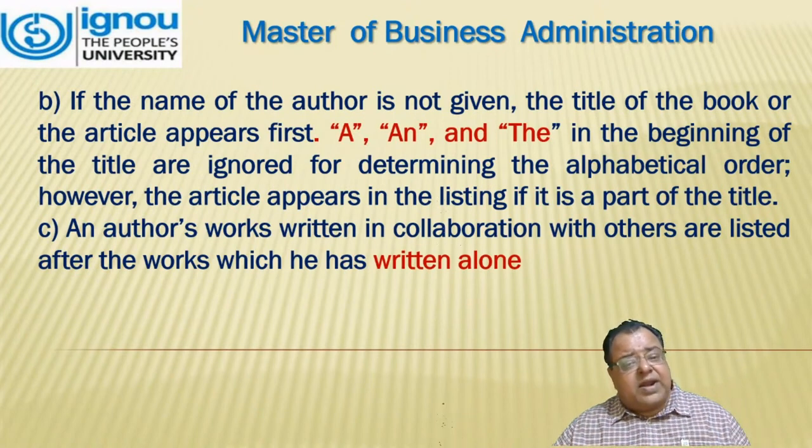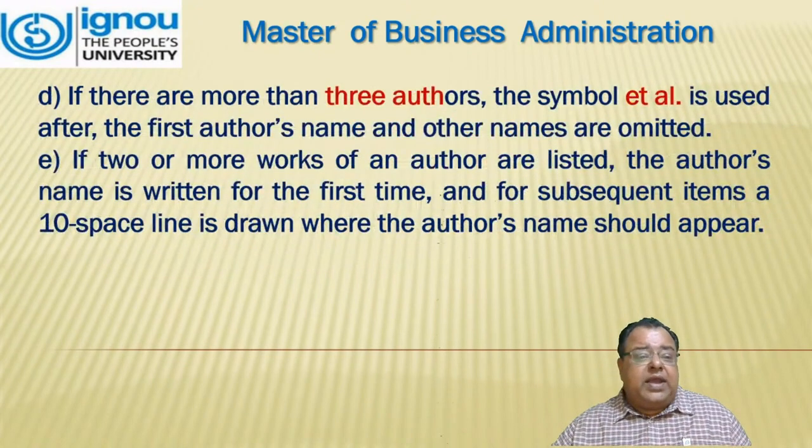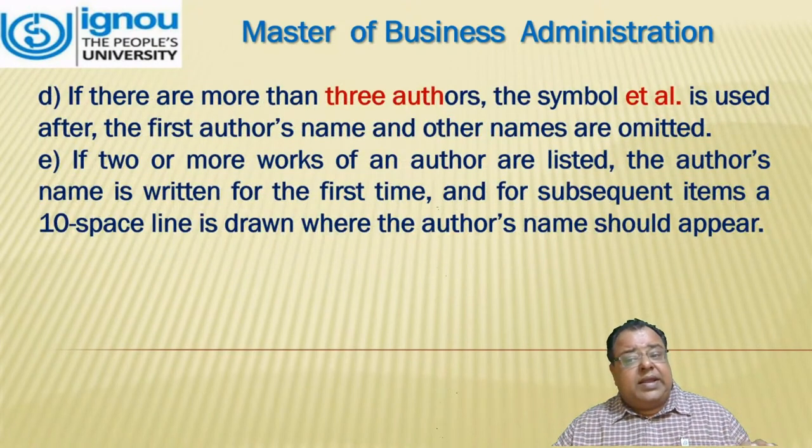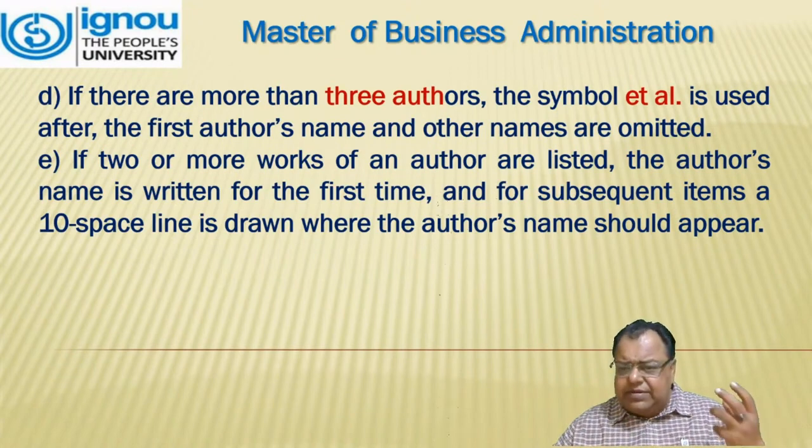An author's work written in collaboration with others is listed after the work which he has written alone. If there are more than three authors, the symbol ET AL is used after the first author's name and the others' names are omitted. You might have seen this written somewhere.